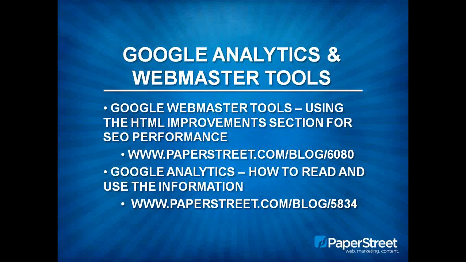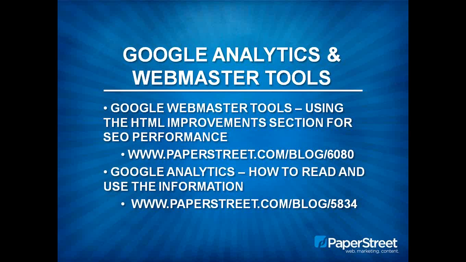There's a great blog post that we did referencing analytics, which is, as you can see, www.paperstreet.com/blog/5834. All of our blogs are numbered. If you look at that blog post, you can see how to set up and properly read the information in Google Analytics. Webmaster Tools looks at improvements for your site.